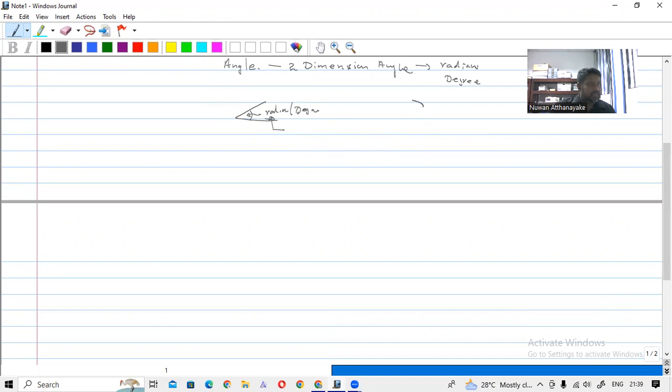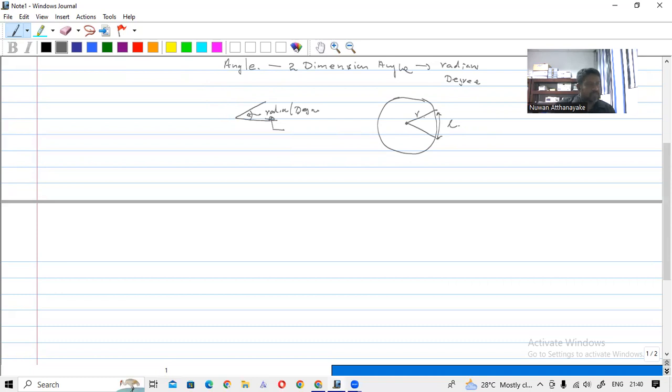If you consider a circle, and if you consider a section on this circle, let's say that the length of this section, measured in meter or centimeter or millimeter, is L, and this is the radius of the circle.